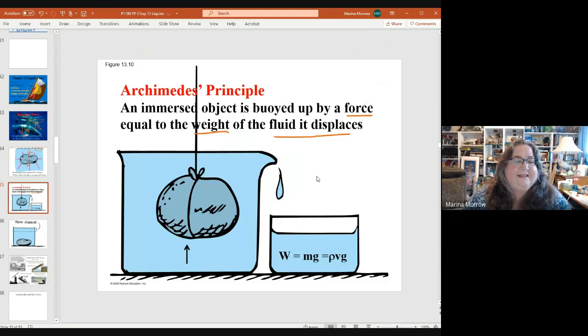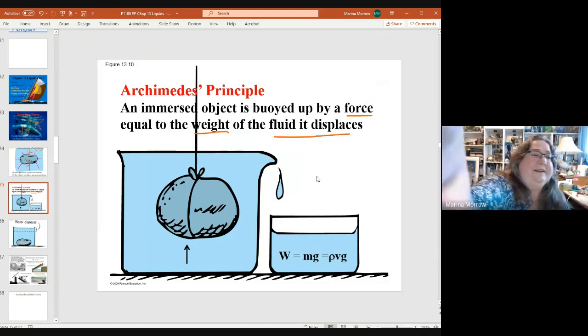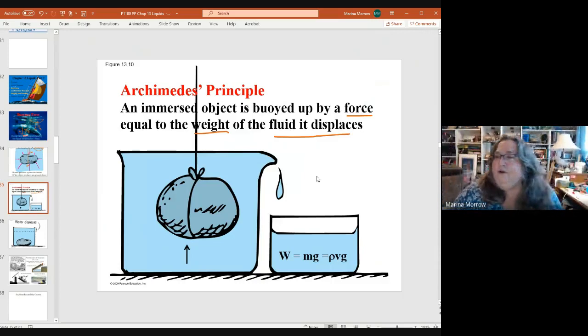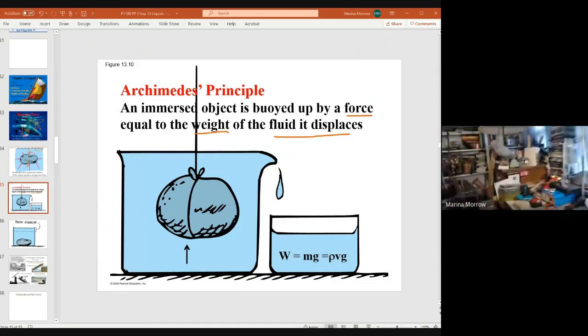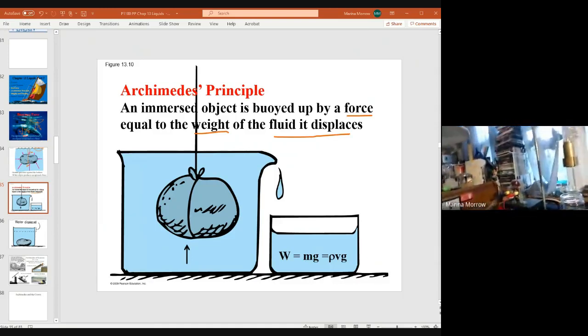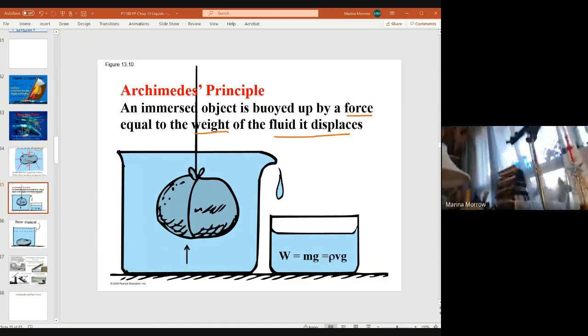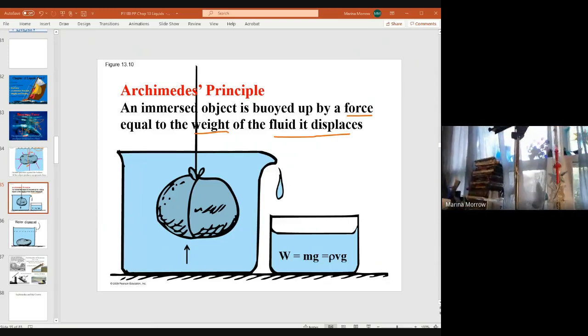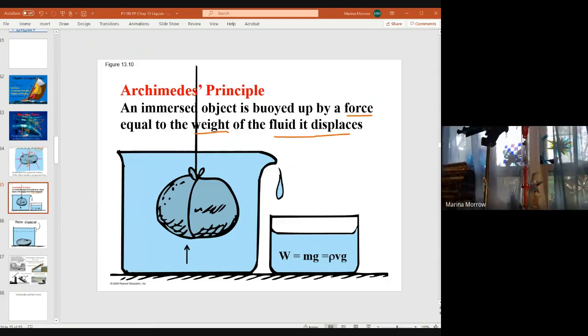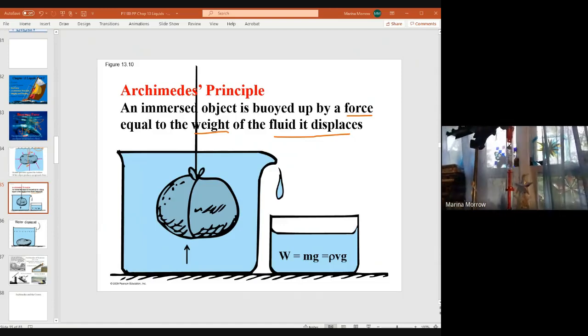Let's go look at a demonstration of this. So I'm taking you over to, okay, if this doesn't pin up to be large, then look at the small picture. What I've got over here is 1,000 grams of weight hanging from this spring scale.